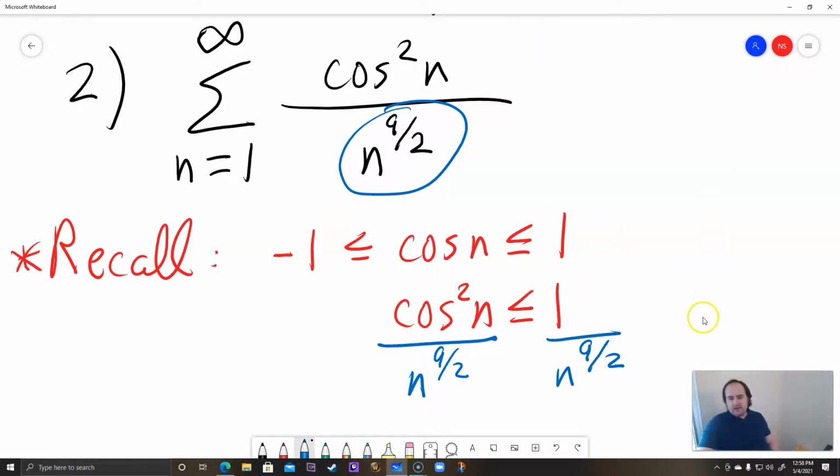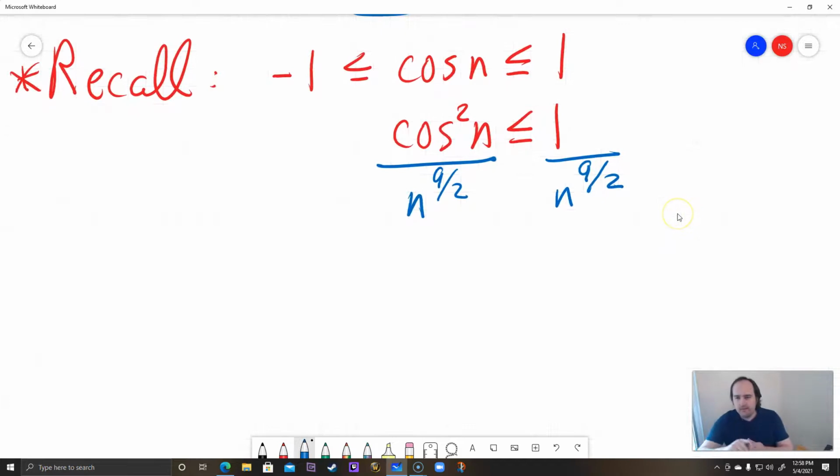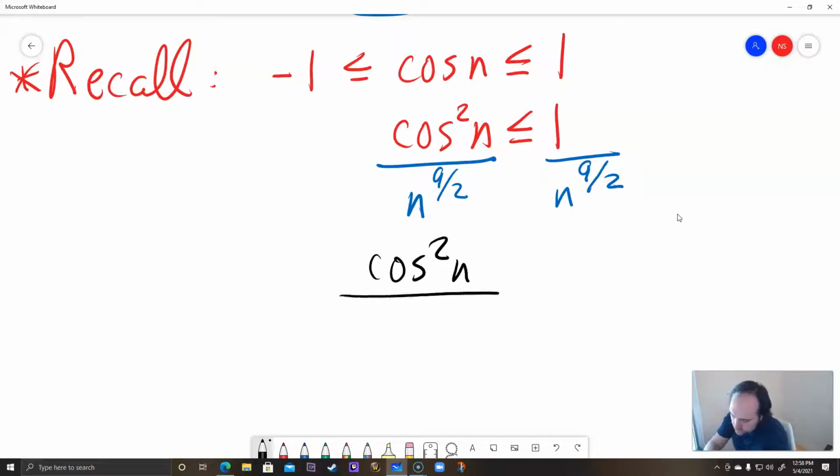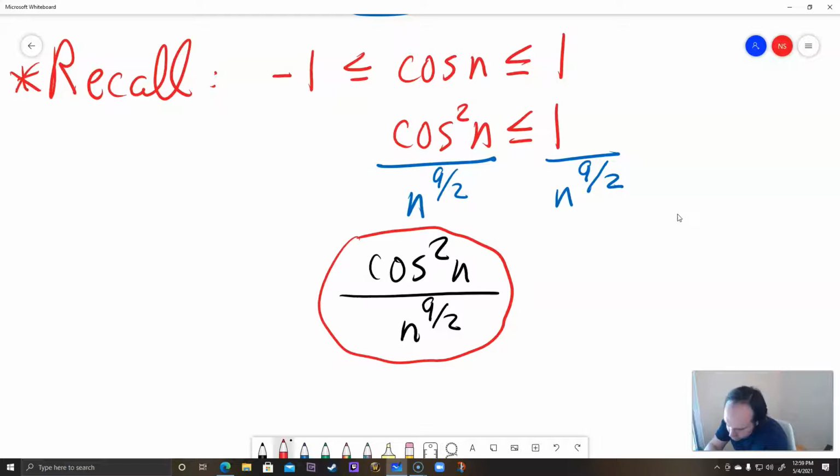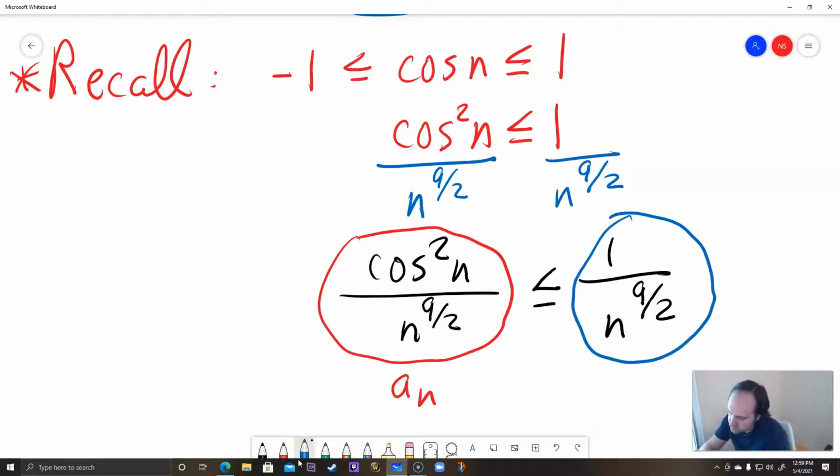And then once again, now we have our bn. Okay, so we have cosine squared of n over n to the 9/2. That's actually our an. This one right here is our an. And then this is less than or equal to 1 over n to the 9/2. And because it's less than or equal, this other one, the 1 over n to the 9/2, is going to be our bn.